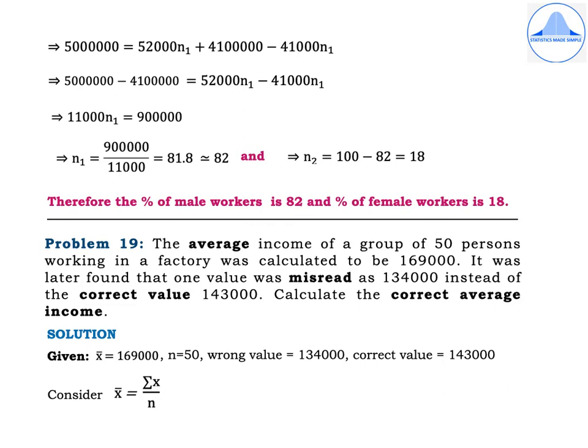Problem 19. The average income of a group of 50 persons working in a factory was calculated to be 1,69,000. It was later found that one value was misread as 1,34,000 instead of the correct value 1,43,000.